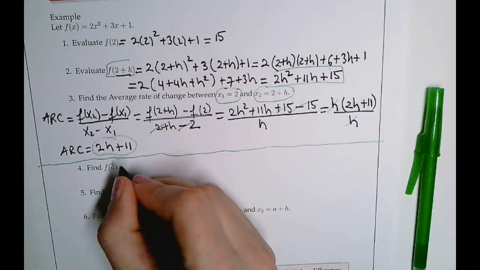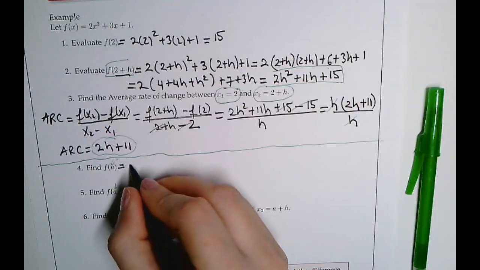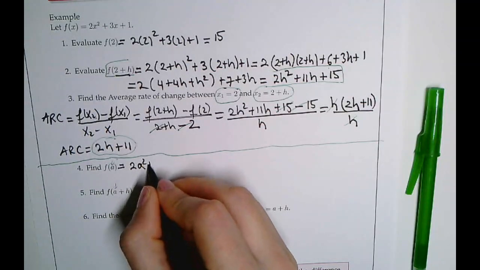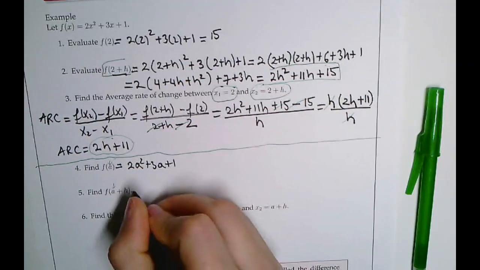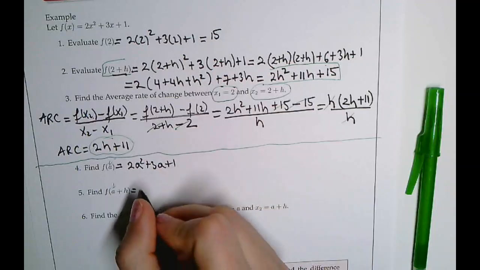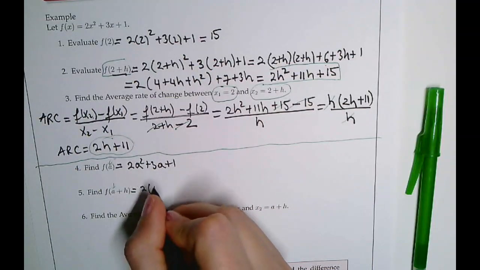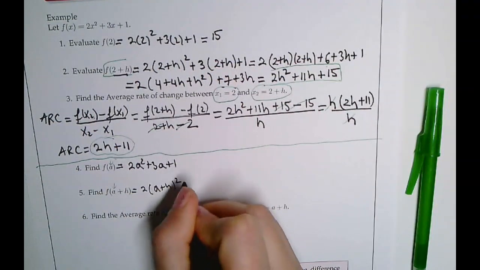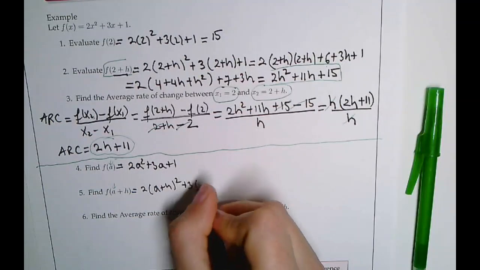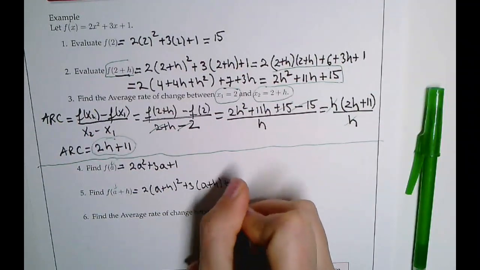So in general, to find f of a, I would just have 2 times a squared plus 3a plus 1, and then f of a plus h is going to be 2 times a plus h squared plus 3 times a plus h plus 1.